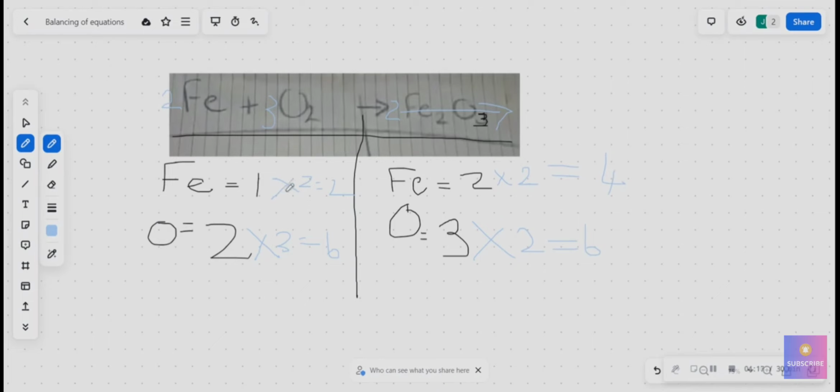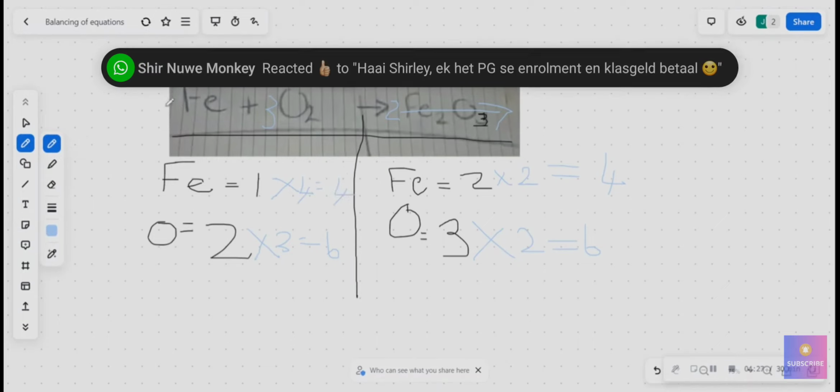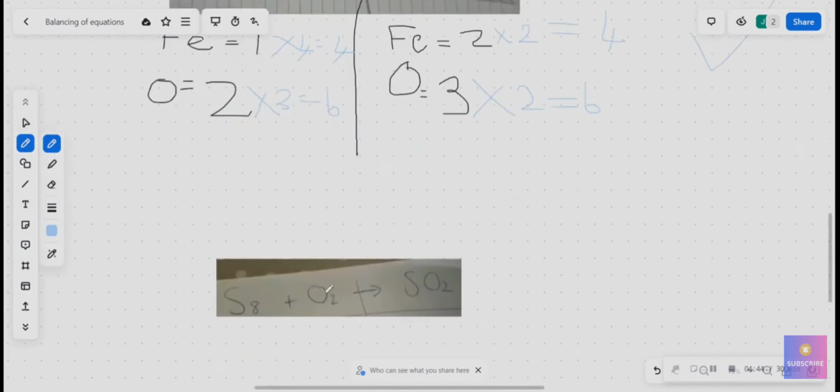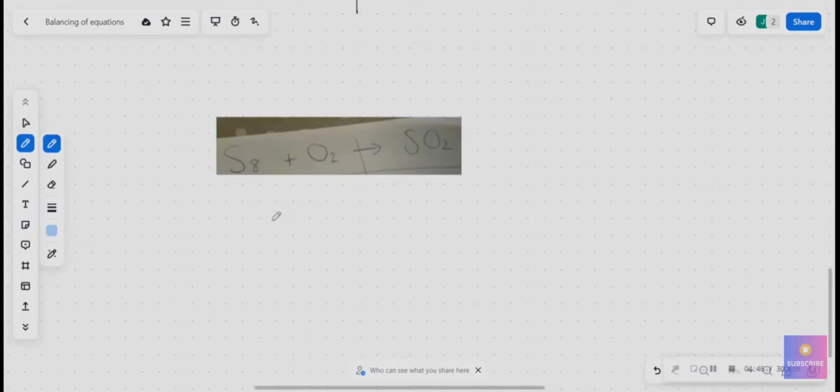I would see that my iron is not balanced yet because I need to have it a 4. 4 iron on this side, 4 iron on that side. 6 oxygen on this side, 6 oxygen on that side. It is balanced. Then I just erase my thing there, and I can change my color afterwards if it's like a test paper. Okay, let's do that one.